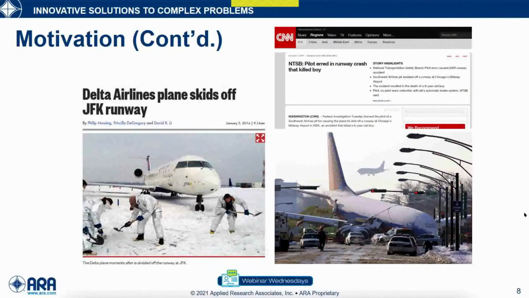This is an example of an airplane that skidded off the runway at Midway Airport in Chicago and caused the death of a 6-year-old. So traditionally we can use de-icing chemical agents and large snow plows to mitigate this problem. However, these methods are labor intensive and are not the most environmentally friendly solution.